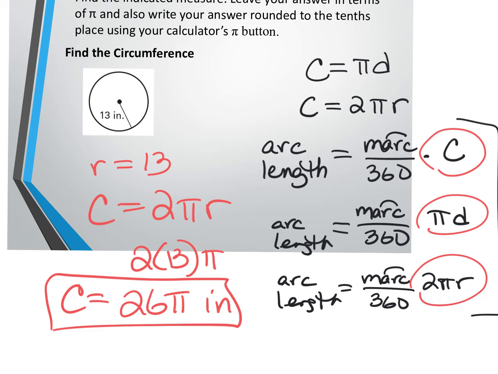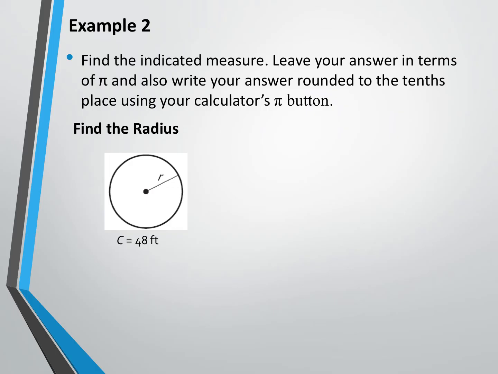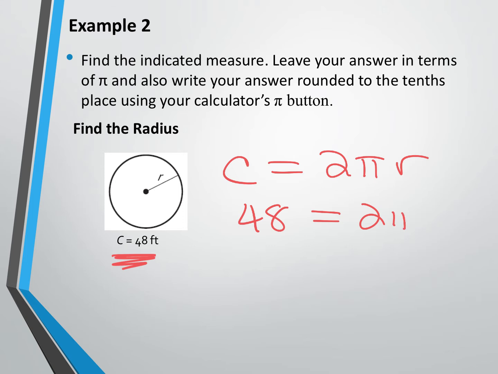We don't touch the pi button. Then if they ask you to find the radius, given the circumference already calculated, we can still leave it in terms of pi. We're still using this same exact formula, the 2 pi r, but this time I'm going to replace the capital C with what they gave me. And now I'm going to solve for the r.